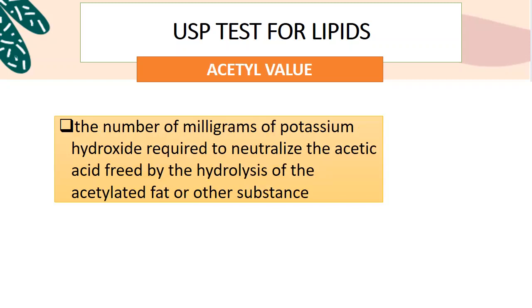Another one is the acetyl value, which is the number of milligrams of potassium hydroxide usually required to neutralize the acetic acid freed by the hydrolysis of the acetylated fat or other substances. Usually, the oil is first acetylated with acetic anhydride, which combines with any free hydroxyl groups present, and the product is then isolated after thorough removal of the acid resulting from the reagent.